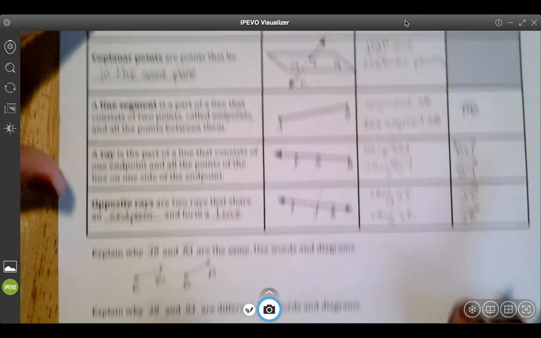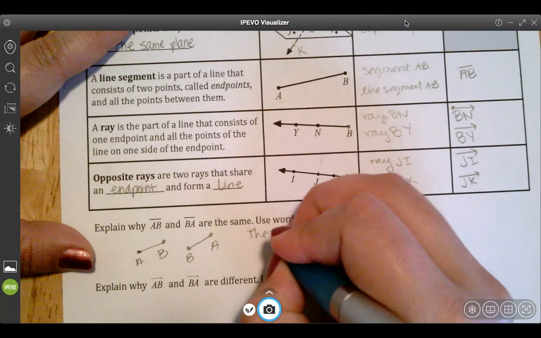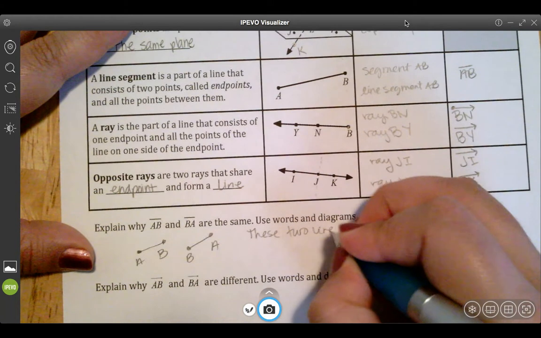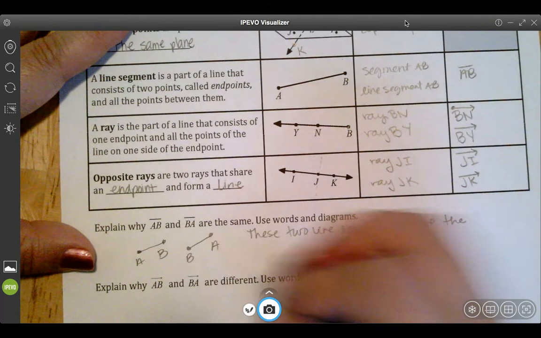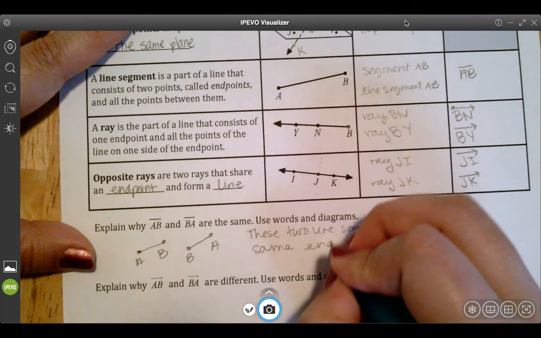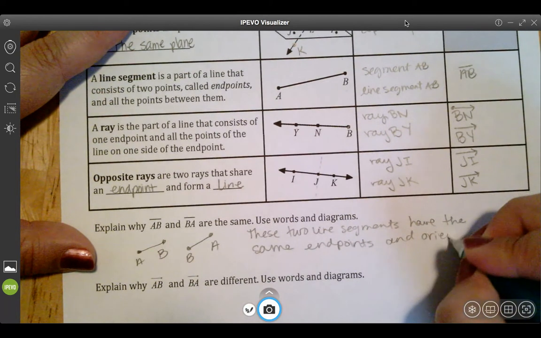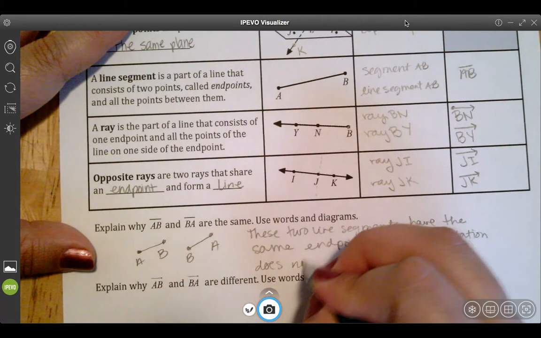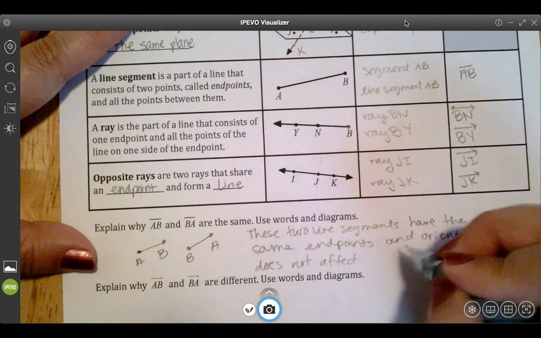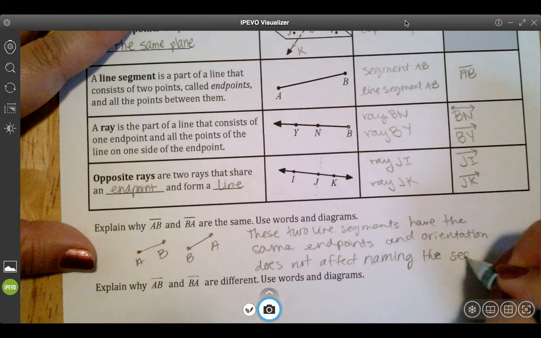And so we can see that the orientation of the line segment does not affect its name. So we can say these two line segments have the same endpoints, and orientation, meaning which way is it facing, does not affect naming the segment.